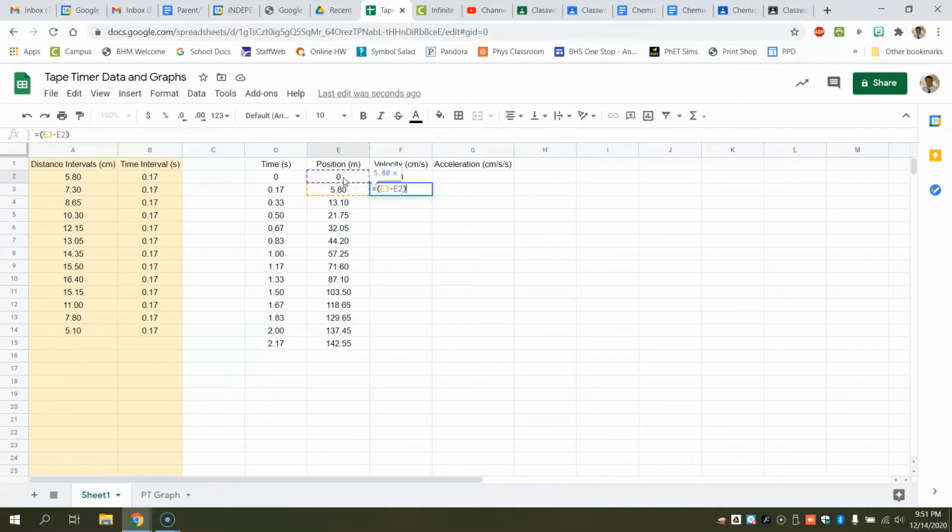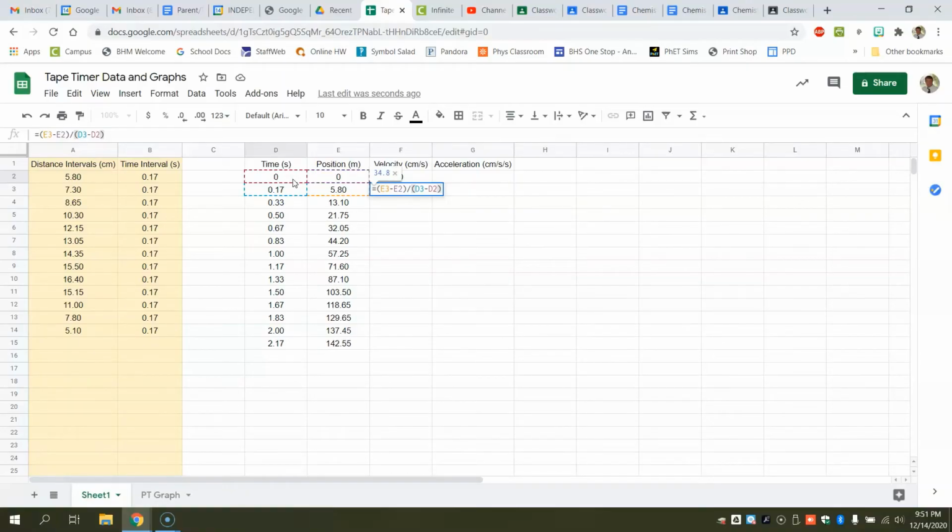That's like the rise over, now this is going to be our run piece. So again, a parentheses, our D3 minus D2. So it's like a Y2 minus Y1 over X2 minus X1. It's that slope equation. And I'll pause it there so you can make sure you see it.